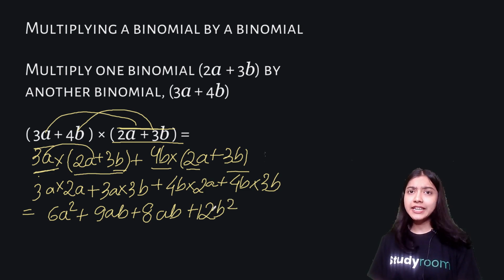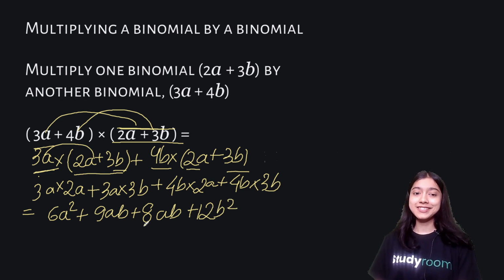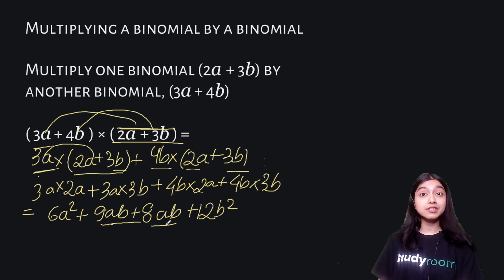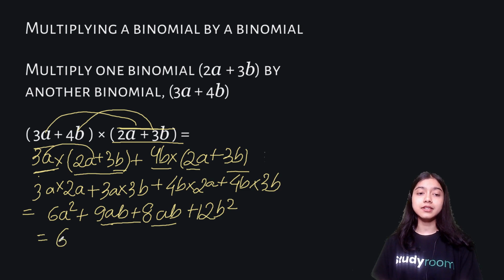So can you find any like terms over here? Yes, we have 9ab and 8ab as like terms. So we can add like terms because I taught you that we can do addition and subtraction only in like terms. So we'll write the remaining terms as they are, like we'll write 6a square as it is.